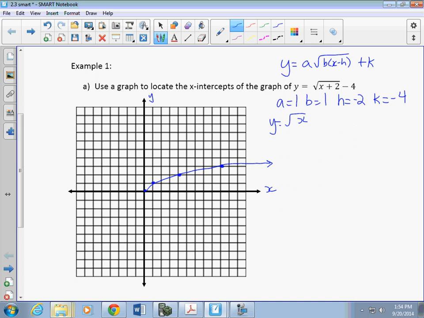So now if we apply our transformations, our a is 1, so we don't have any vertical stretch. B is 1, so we don't have a horizontal stretch, and there's no negatives, so we don't have any flips happening. So we're going to move down from 0, 0. It's now going to occur at negative 2, or we're going over 2, and down 4. So right here is where we're going to start this graph.